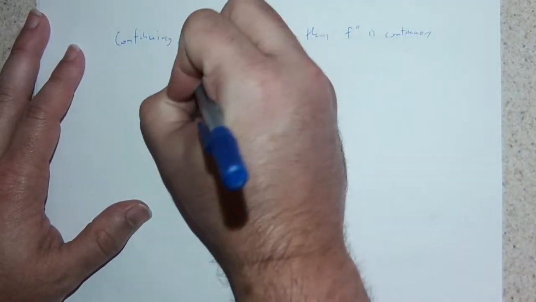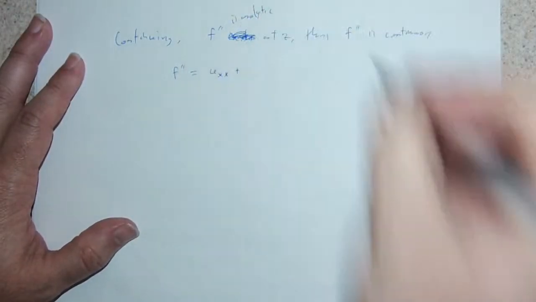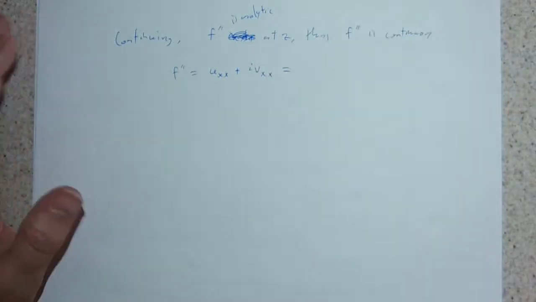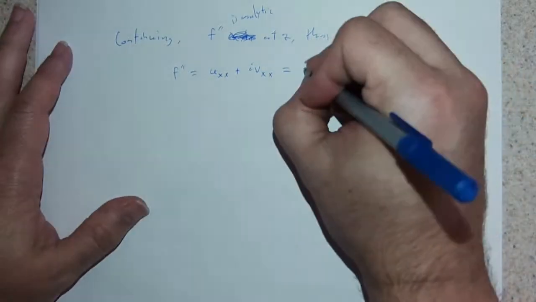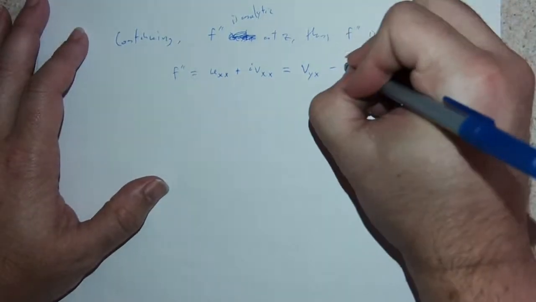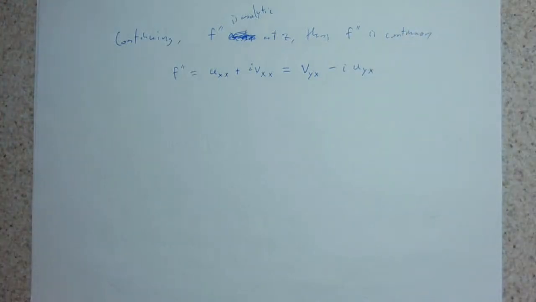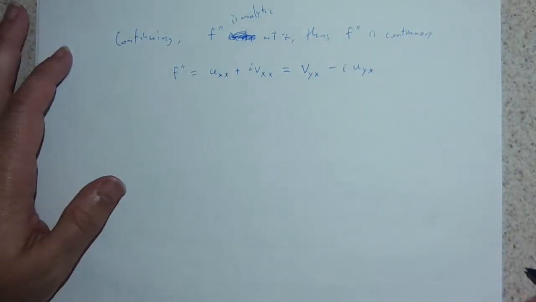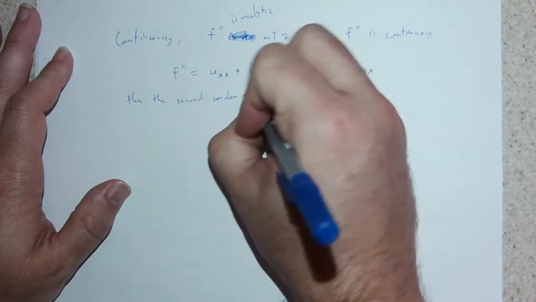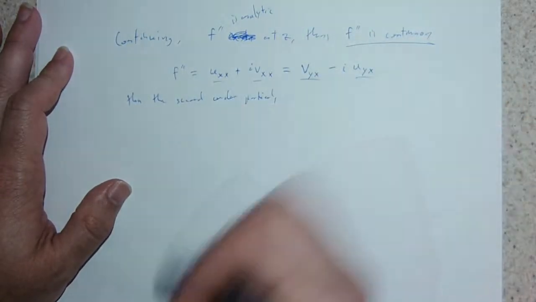Thus, since f double prime can be written as u sub xx plus i times v sub xx, which can also be written as, taking the x partial now of the second equation that I wrote before, v sub yx minus i u sub yx, then the second order partials, since f double prime is continuous, must all be continuous as well.